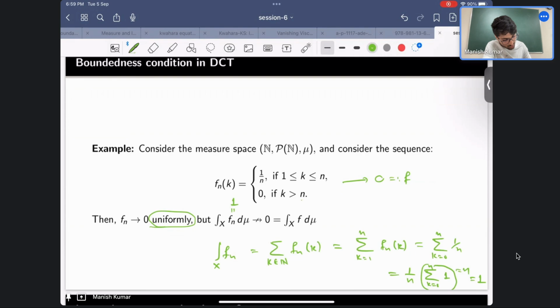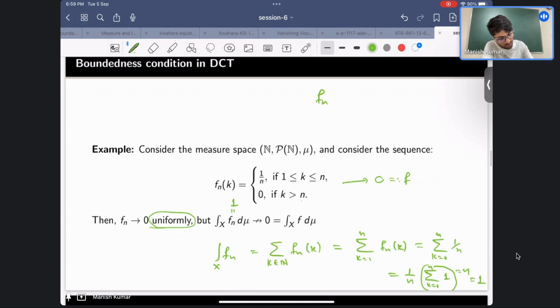So this clearly does not coincide. Here you can clearly see that fn converges to f, but the integral of fn does not converge to the integral of f. The reason is that you cannot bound the fn by some integrable non-negative function. Sorry, I should not say L1.